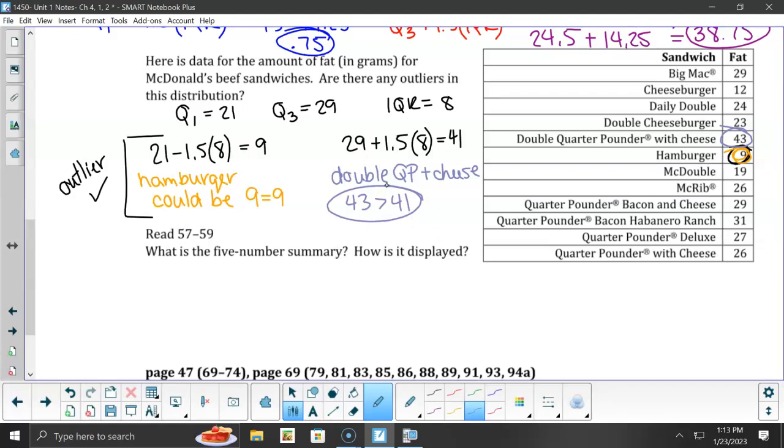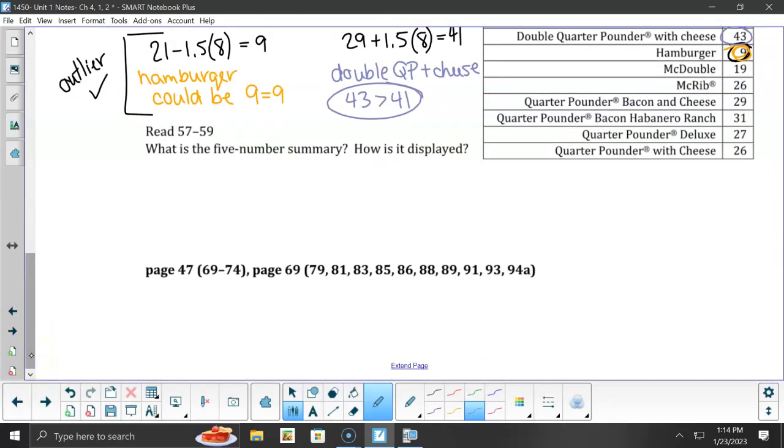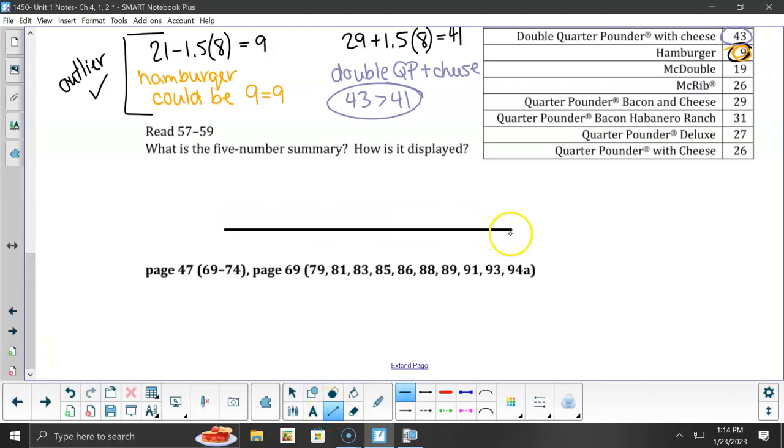So if we were looking at this and we were trying to go through and make the 5-number summary, which is your box and whisker plot. Number line.